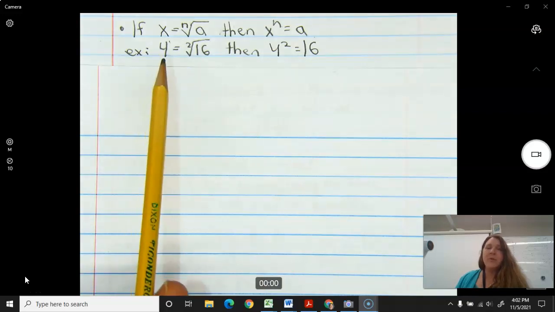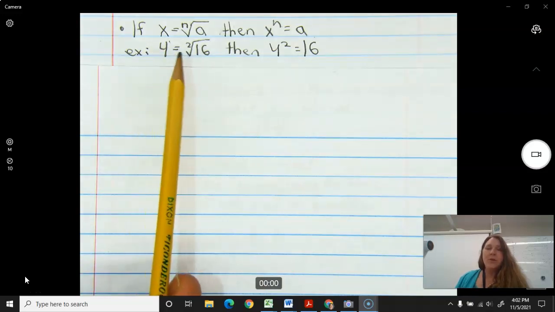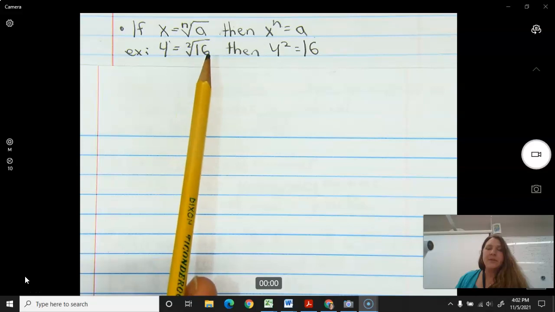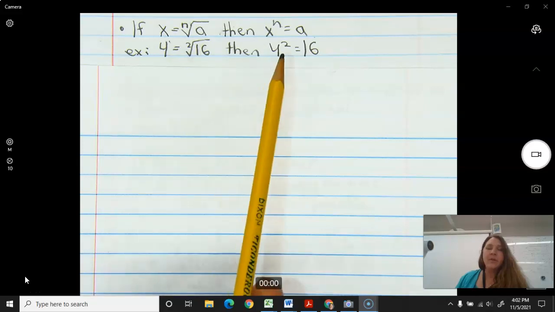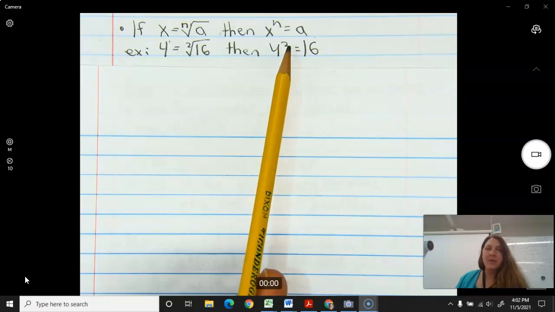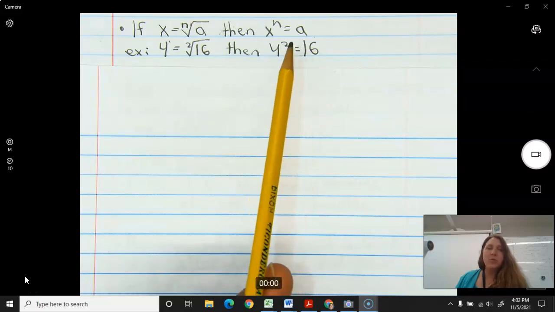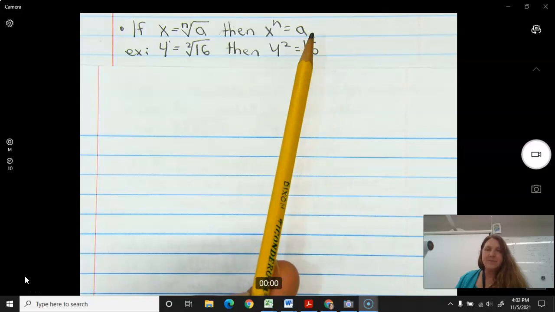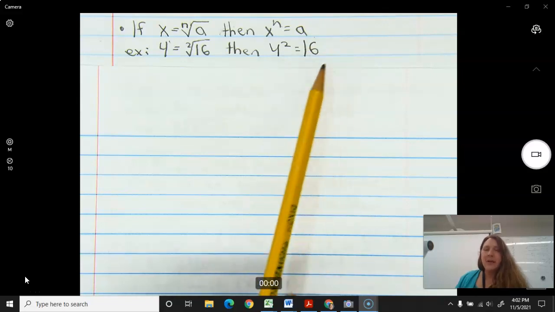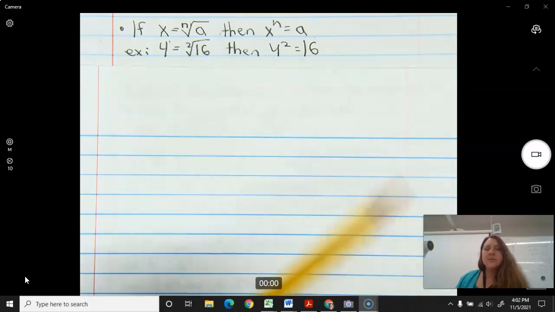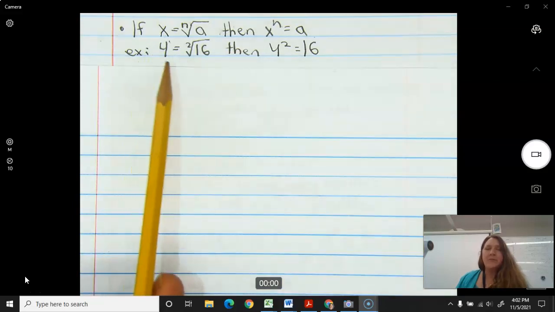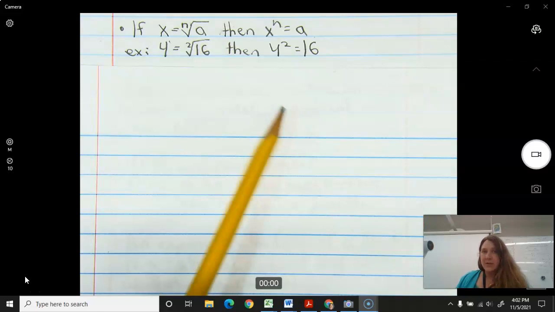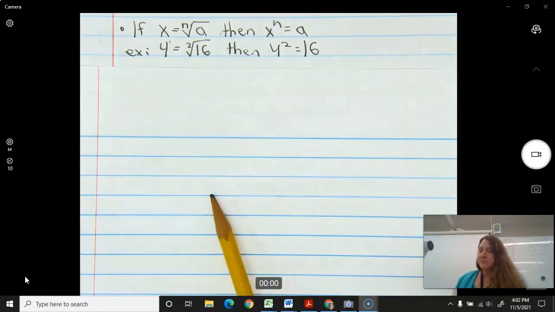An example is that 4 equals the square root of 16. Then that means that 4 raised to the 2nd power is equal to 16. It's important to keep that forward and backward information in your mind when it deals with radicals.